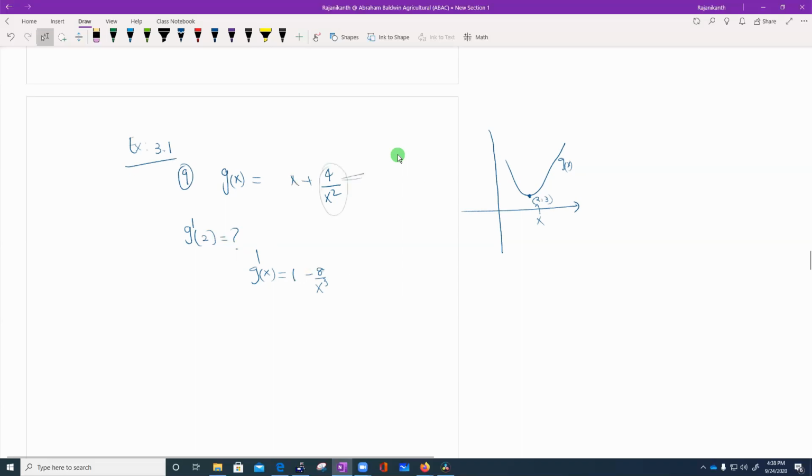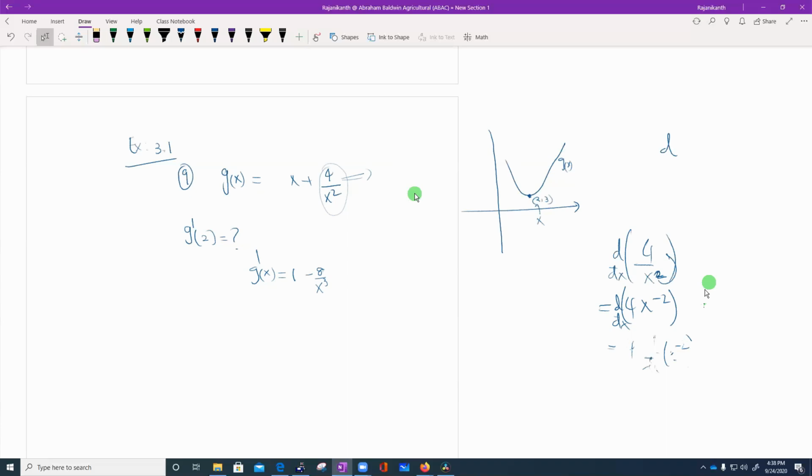How do you find the derivative of 4 over x squared? This could be written as d over dx of, you could simply move the exponent to the numerator by switching the exponent to negative. So this is 4 times d over dx of x to the power negative 2.